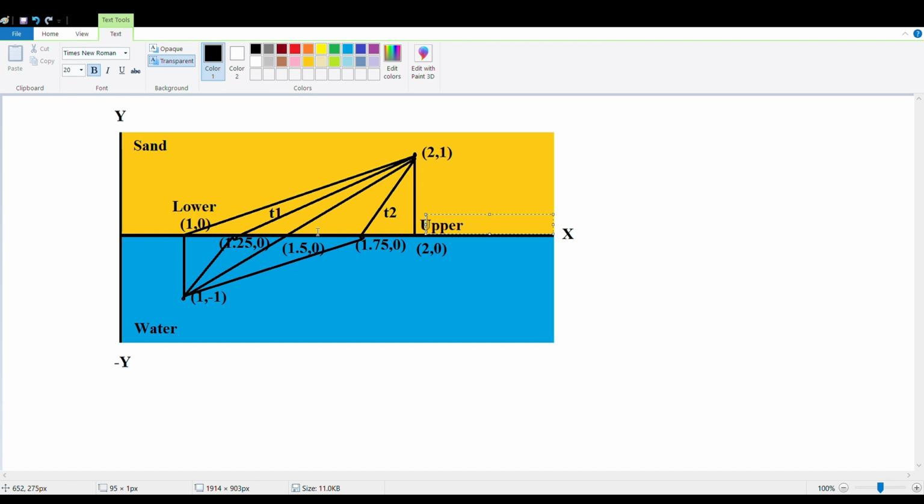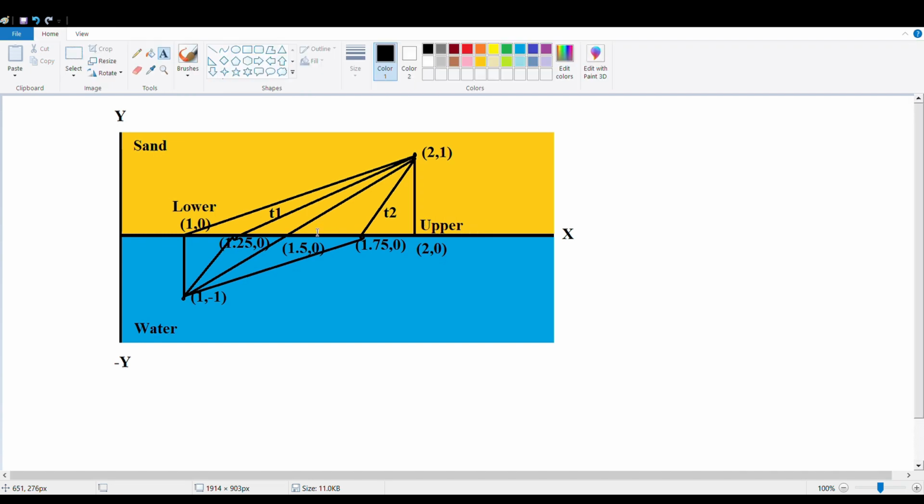Now I have halved my options. All right, now I don't have to check between 1.5 and 2 comma 0. This was the reason why I said that we'll just measure this completely. Instead of avoiding this half, we'll just measure it, because it will only take one iteration and we'll avoid a heck of a lot of confusion. All right, so this is what we are going to do.